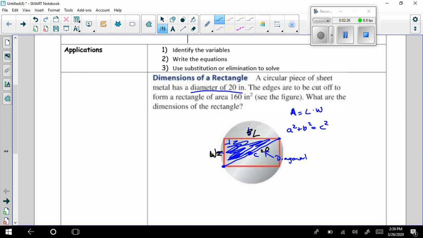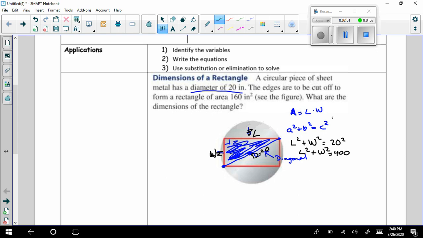C is your diameter. So we can plug those in. The length squared plus the width squared is equal to 20 squared, so length squared plus width squared is equal to 400. There's one equation, using our right triangle and the Pythagorean theorem.